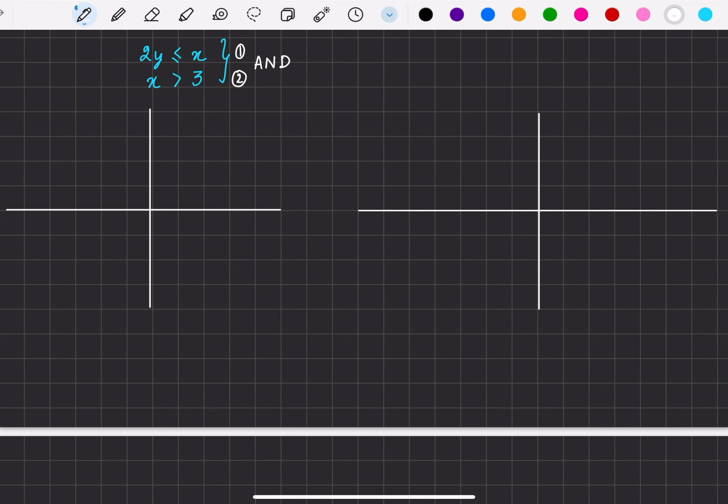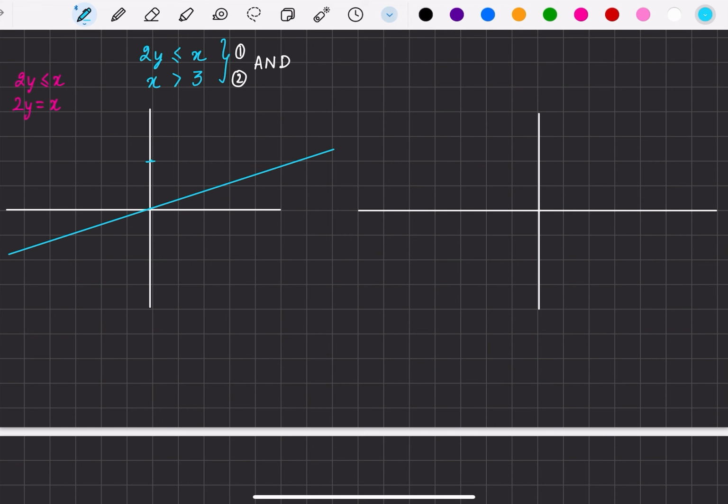Let's find the solution space of the first inequality. We have 2y less than or equal to x, so what's the first step? Graph 2y equals x. It looks something like this. Now we'll pick 2 points in both of these regions.